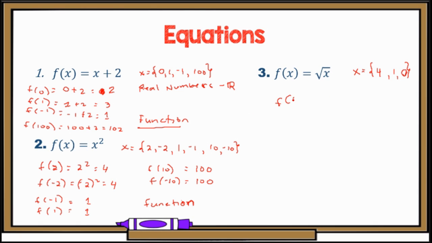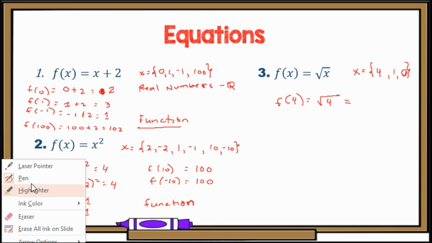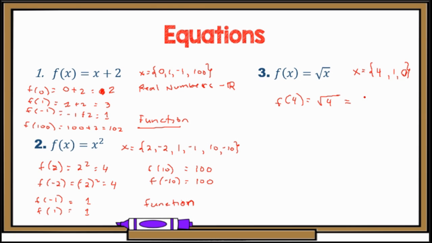F of 4 is equal to the square root of 4. Okay. What values are you going to arrive with? Alright, you are going to arrive with positive 2 and negative 2.